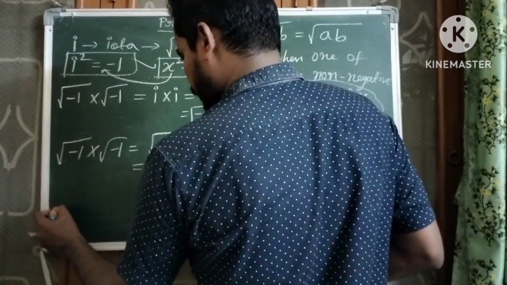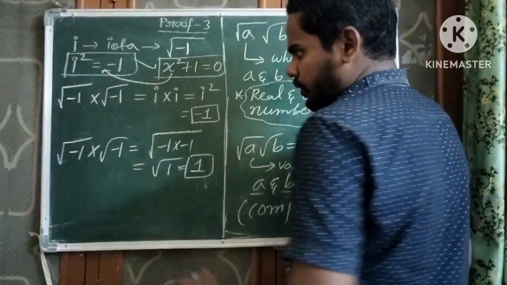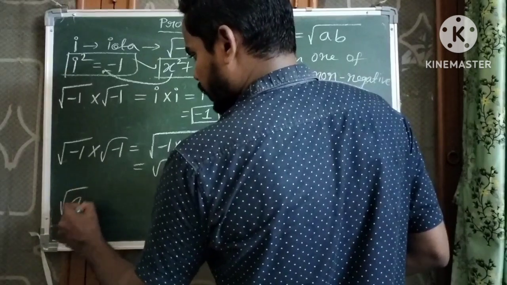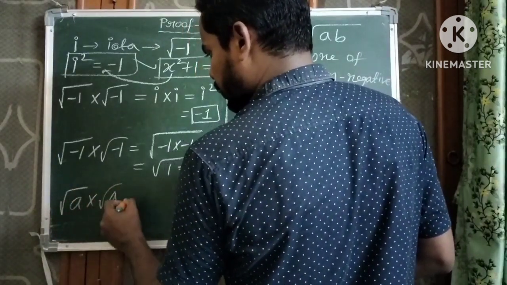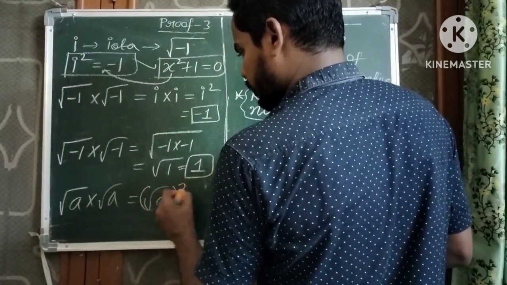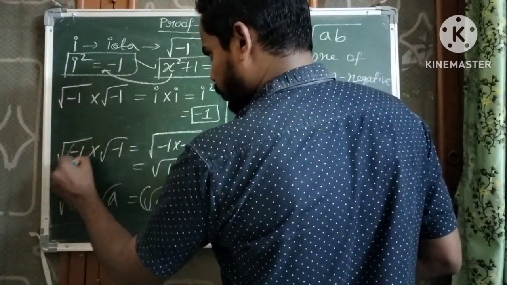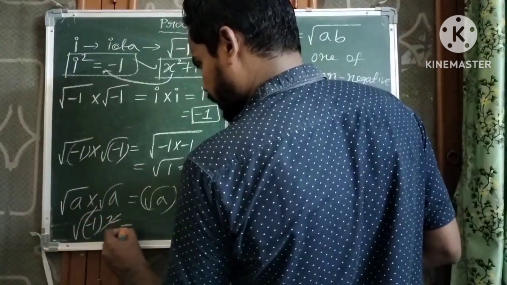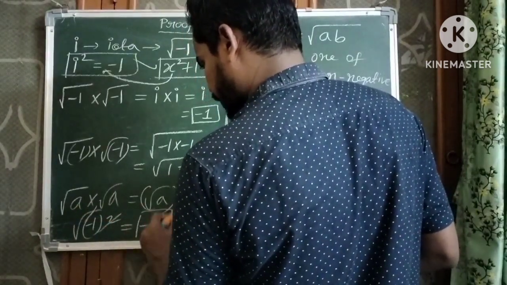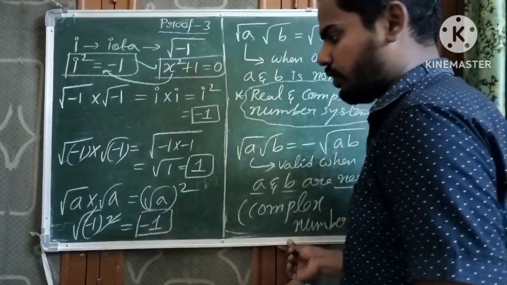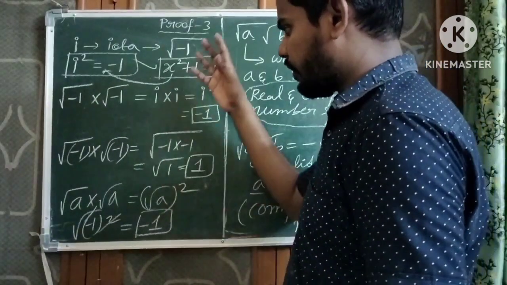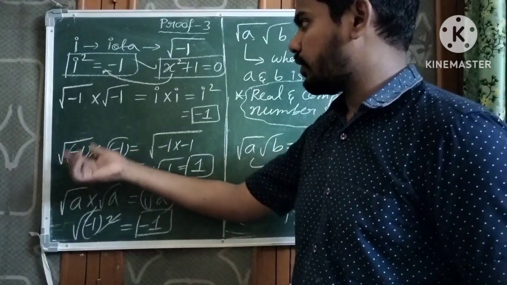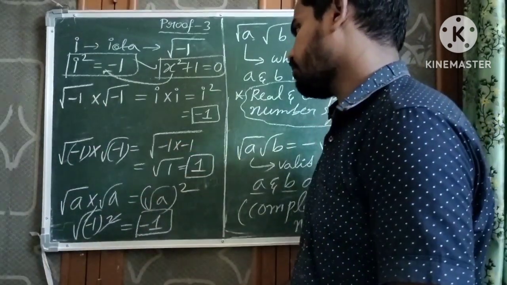Now we have one more solution: root a into root a is root a whole square, the square root gets cancelled, and you will get minus 1. These are different possibilities, or different answers, for root over minus 1 into root over minus 1.